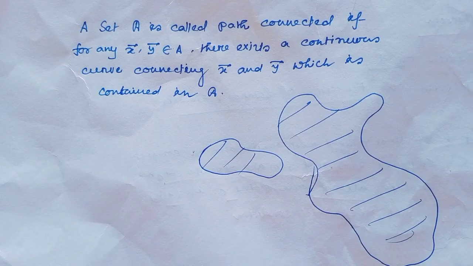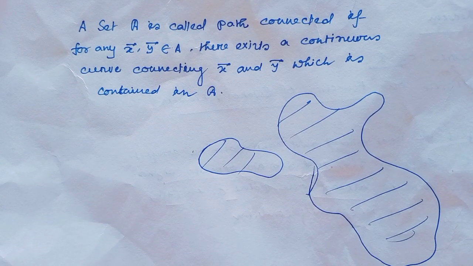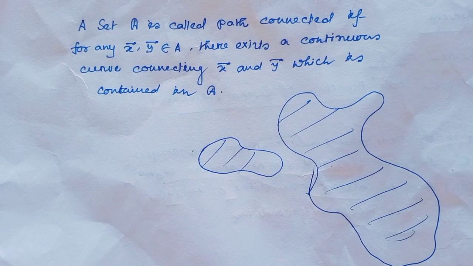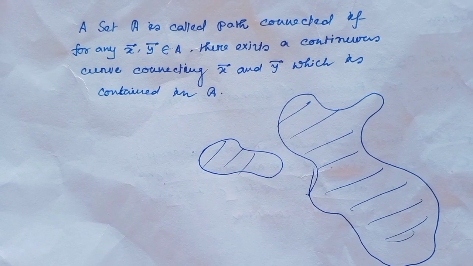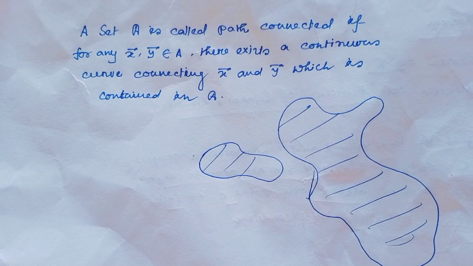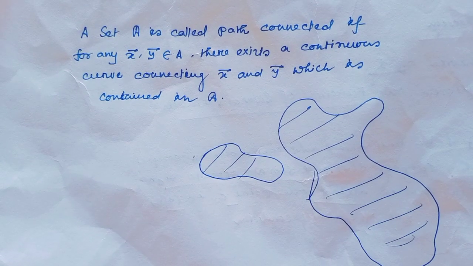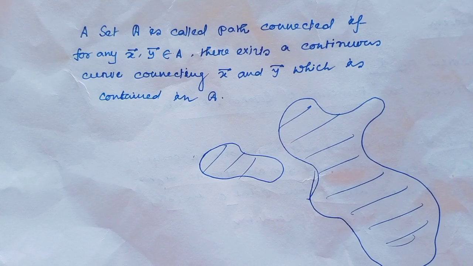Now I will look at the concept of a connected set. What is a connected set? At first I will look at what a path connected set is, then what a connected set is.